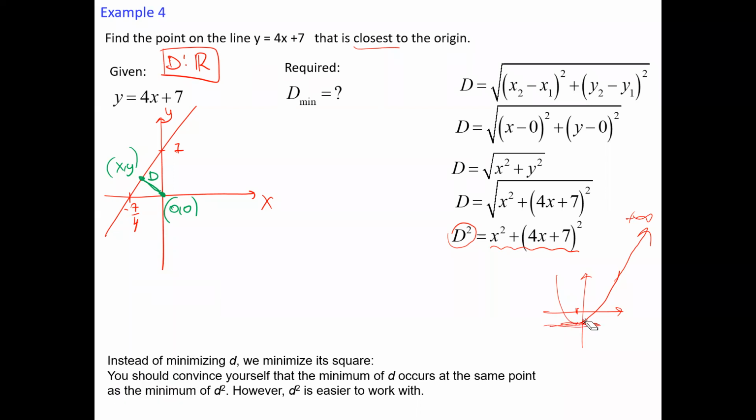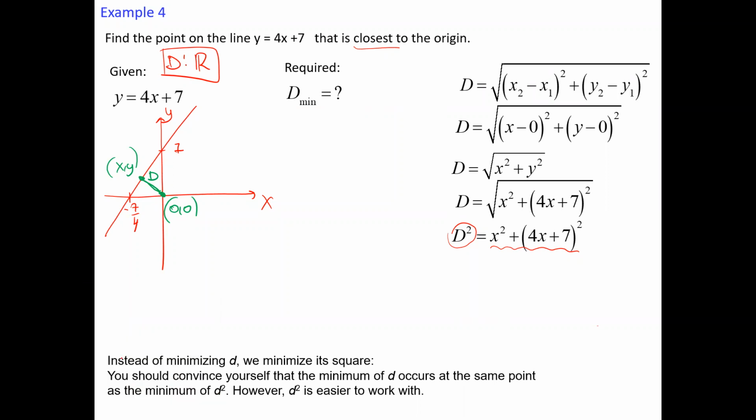It means that the locally lowest point is also the absolutely lowest point. That's what we're looking for. Let's find the x value that will minimize this function and give us the closest distance. Looking at the graph, I hope we're expecting a negative number, probably a weird fraction, but a negative number.